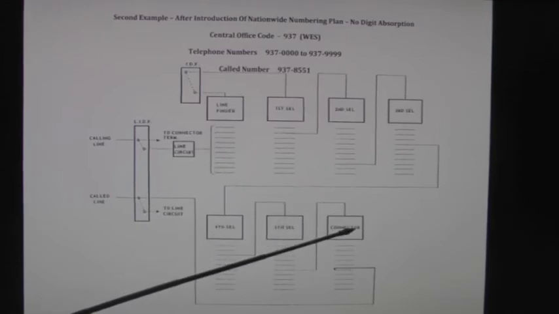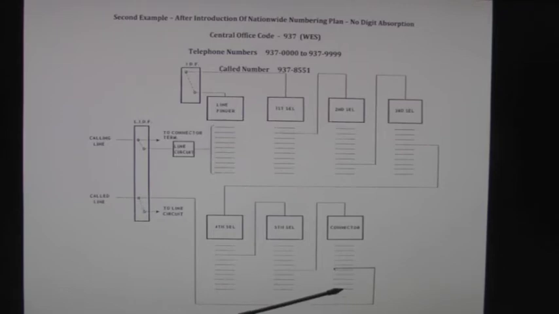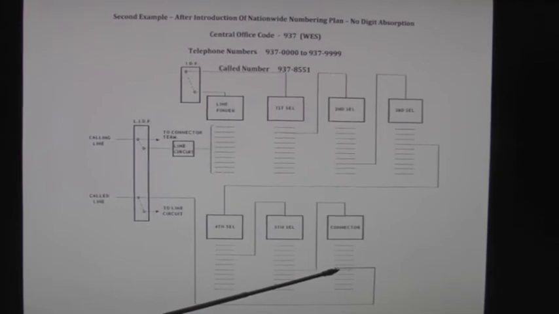Finds an idle connector and it gets seized, and the customer can now dial the tens digit, which is a 5. The connector steps up to the fifth level, and it doesn't rotary hunt here. Now it's going to wait for the units digit, which is a 1. So the customer dials the units digit 1, and the connector rotary steps 1 position to the first terminal, which is the terminal associated with 937-8551.